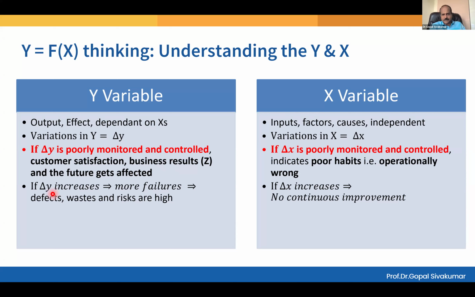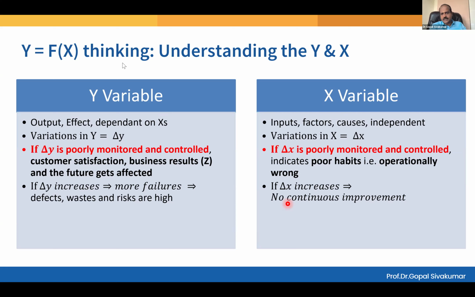And coming to the other side, del X. Del X means variations in the X. What is variation in the X? The quality of the incoming material, the condition of the machine, the skill level of the operator, the machine settings, all of them are input, right?